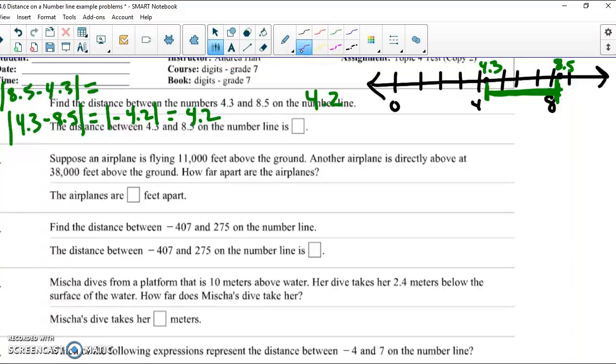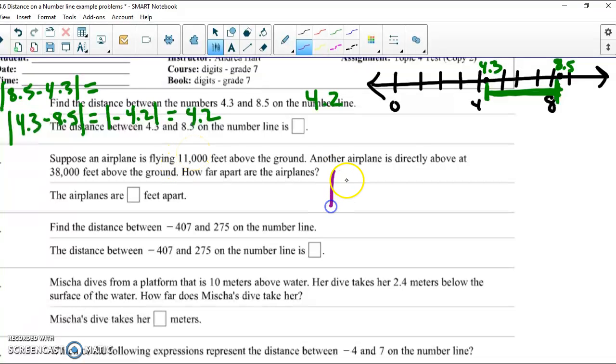Okay, so let's check out number 2. Suppose an airplane is flying 11,000 feet above the ground. Another airplane is directly above at 38,000 feet above the ground. How far apart are the airplanes? So my answer is just going to tell you the distance that these airplanes are apart. It's not going to tell you which one's higher and which one's lower. We're merely finding the distance.